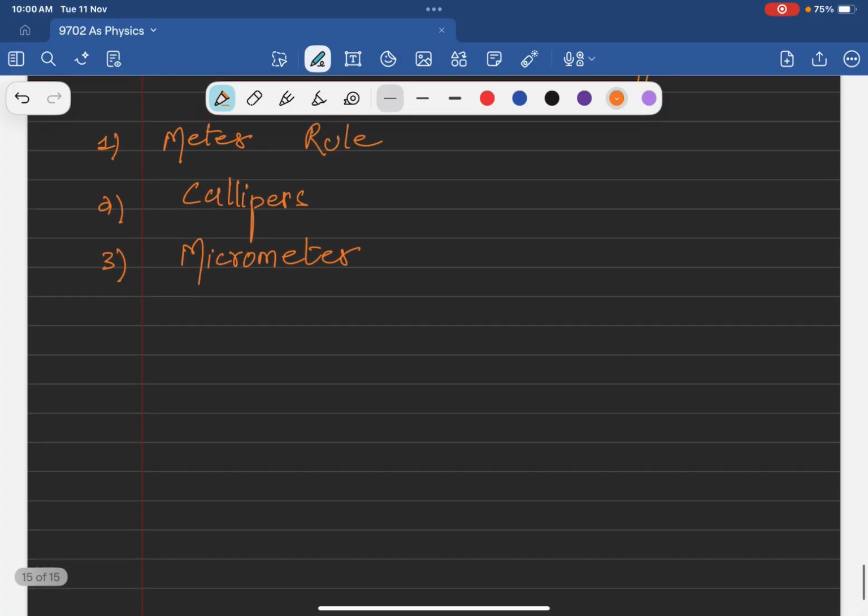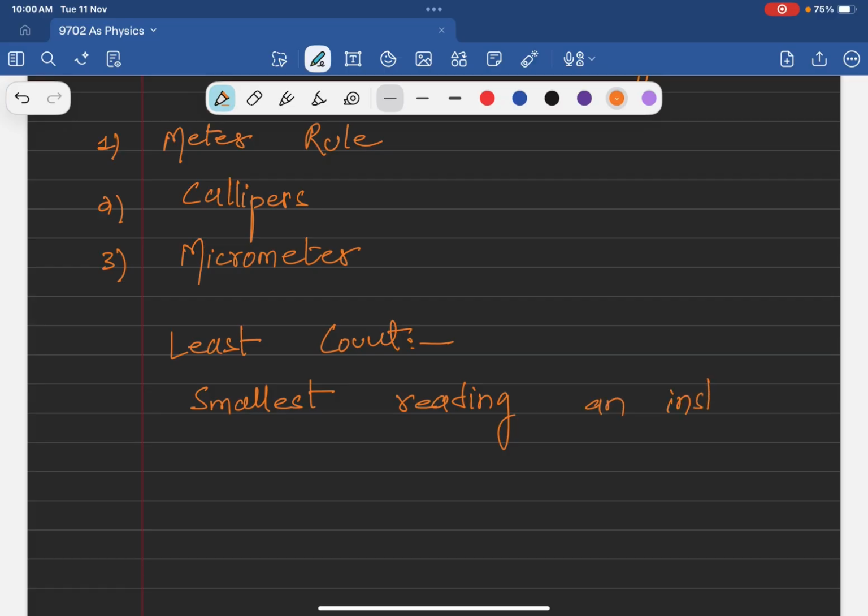And you must know about the least count. Least count means it is the smallest reading an instrument can measure precisely. The word is there: precisely.